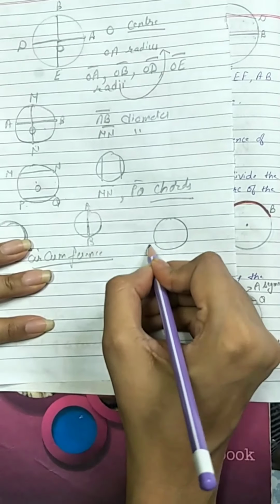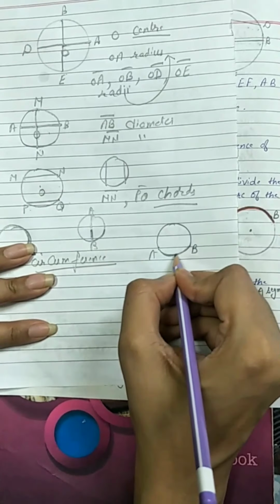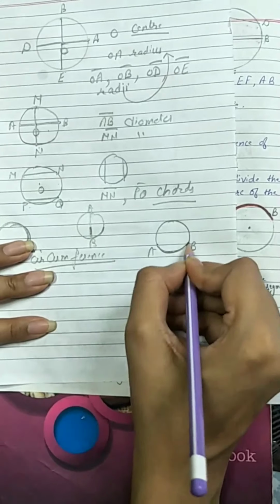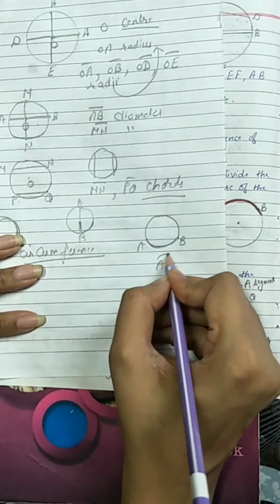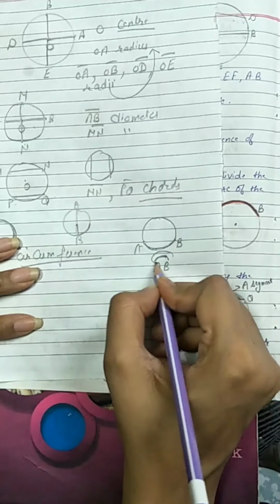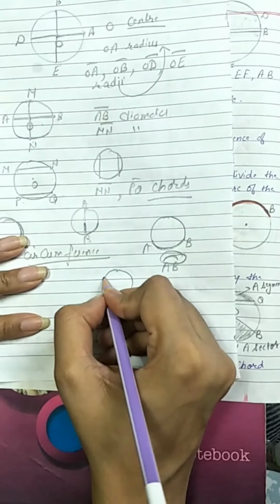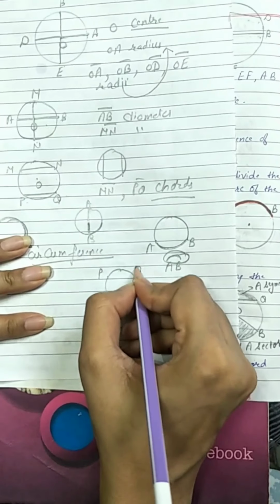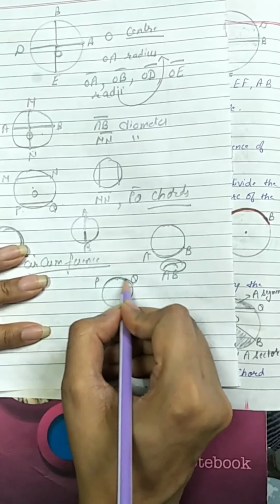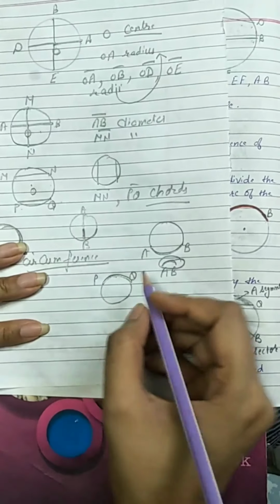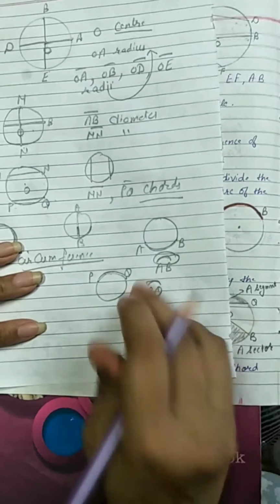Suppose this is A, this is B. This forms an arc. So we will write like this, arc AB. This is the symbol of an arc. Suppose I am taking 2 points on the circle. Any 2 points on the circle form an arc. So we can write here arc PQ.